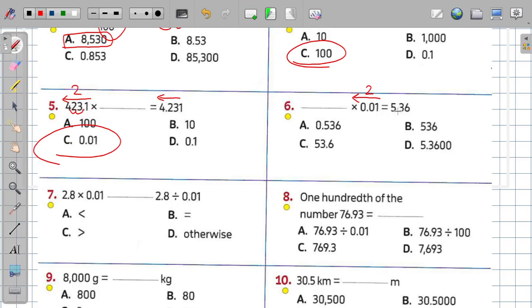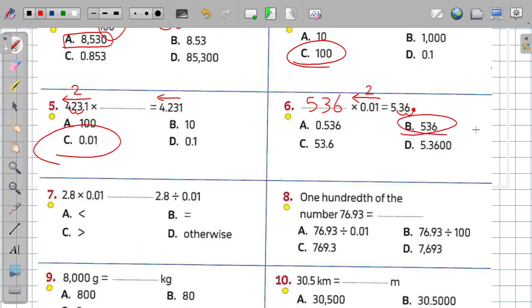So where was the decimal point before multiplying? So 1, 2, it's right here after 6. So when we move the decimal point 2 places to the left, it will be between 5 and 3. So the original number, or the first number, was 536, and the decimal point was after 6.